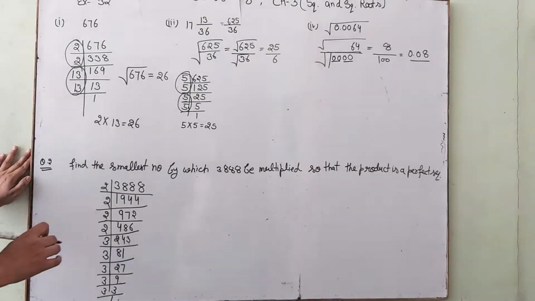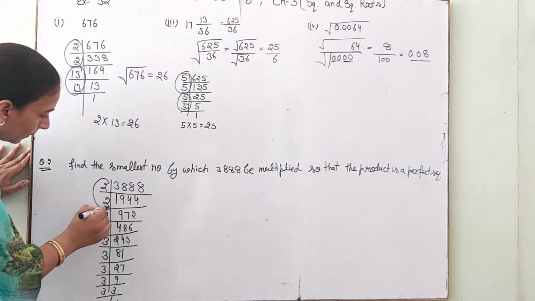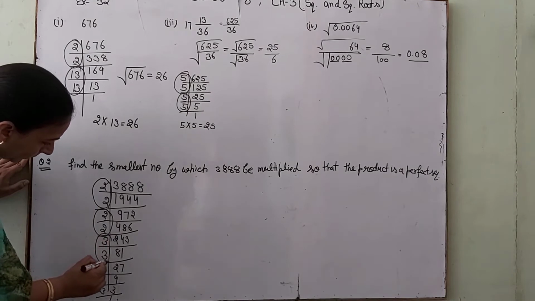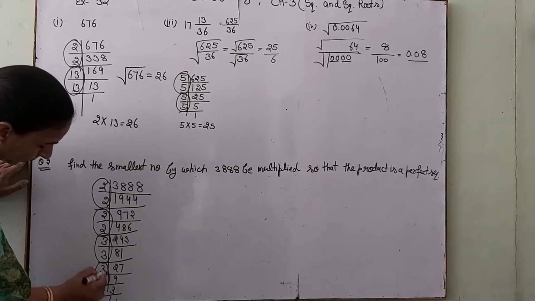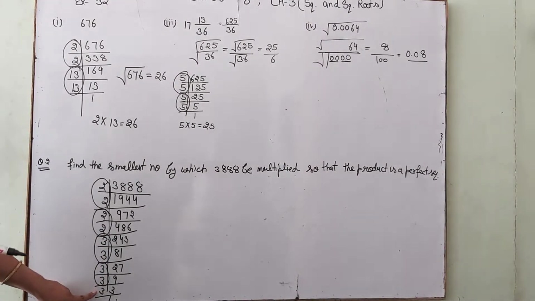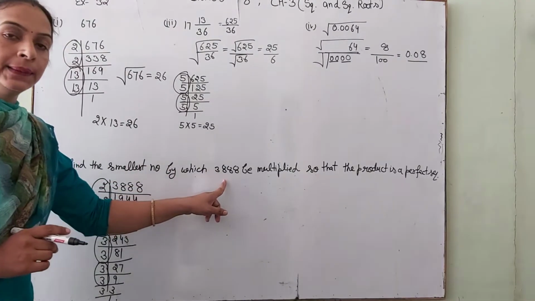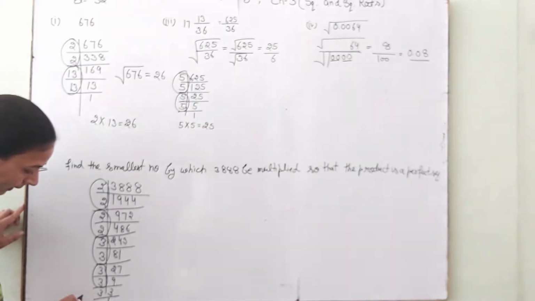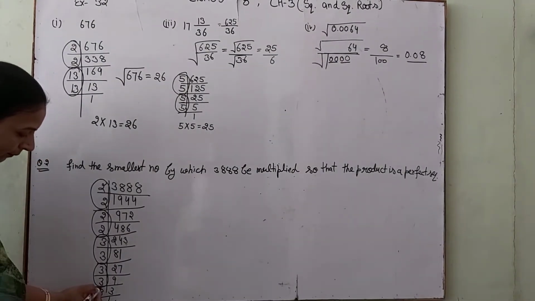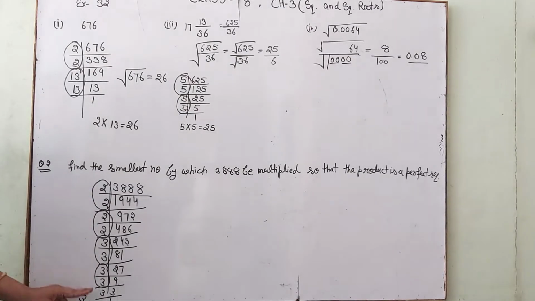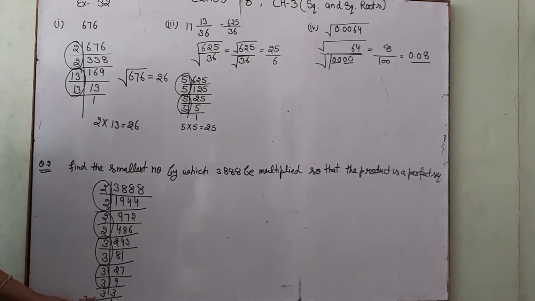Now we make pairs. The first pair of 2 is complete, the second pair of 2 is complete, the third pair of 3 is complete, the next pair of 3 is complete, but only one 3 is left. Students, if there is one extra 3, we need another 3 to complete the pair.